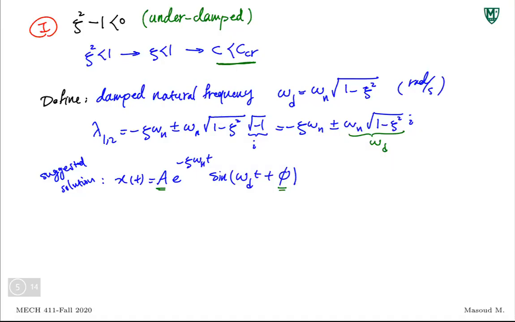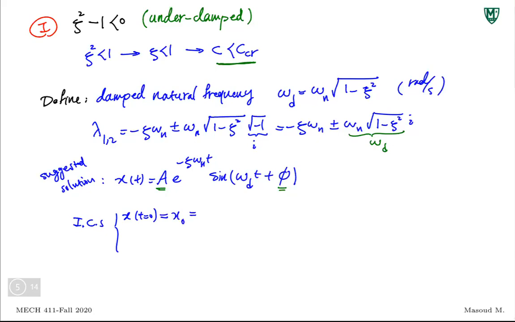I'm going to do the same thing I was doing for the spring mass system. Given a set of initial conditions, let's go with whatever is happening at the beginning of the motion. So initial conditions: x at t equals 0, the displacement wherever the system is at the beginning of the motion, I'm going to call it x naught.